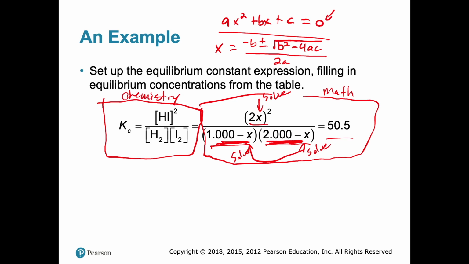So the first thing I'm going to do here is multiply x times x, because that makes it x squared. And then I'm going to do 1 times x, and then 2 times x, and both of those are minus x's.